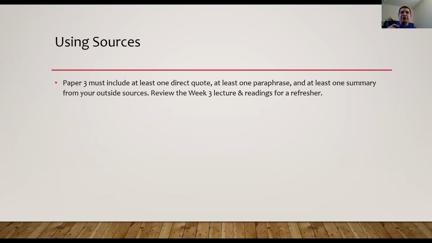If you want, you can do 2 of those things from one source and 1 from the other. I would recommend bringing both sources in at some point to show that you've actually used them. But if it helps and you want a checklist, you can go through: source A, quote, paraphrase, summary; source B, quote, paraphrase, summary. I covered this in the week 3 lecture, so I want you to go back to that lecture as well as the readings you did to refresh your memory on how those work.